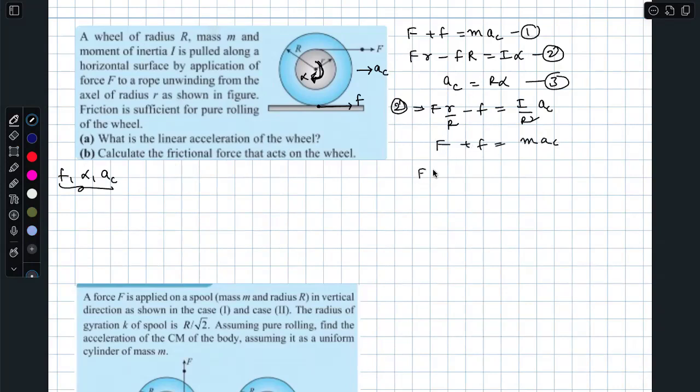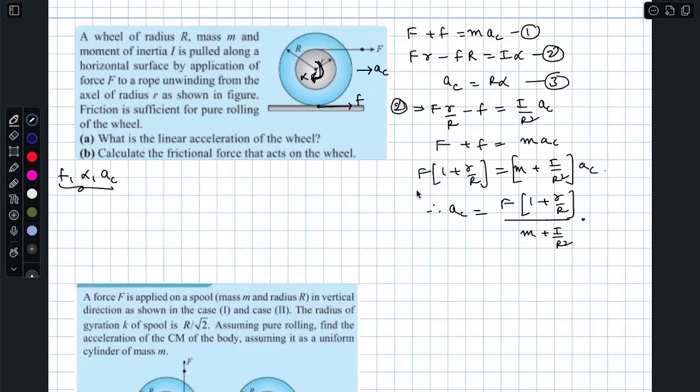So from this, F times 1 plus small r by capital R is equal to M plus I by R square AC. You got the linear acceleration of the wheel from this step. Therefore, AC is F into 1 plus small r by capital R by m plus I by R square.